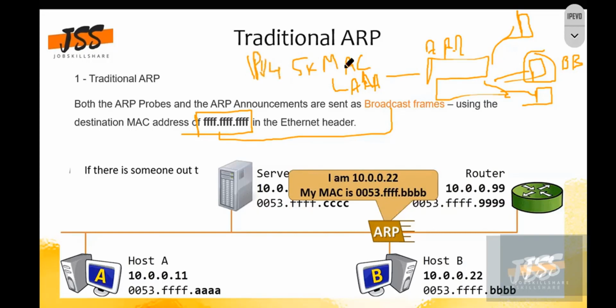They know each other's IPs, but they are not familiar with the MAC addresses. The switch will learn the source MAC address, but it has no idea about the destination MAC address. So it will flood everywhere with the help of traditional ARP, which is broadcasting to the MAC address FFFF everywhere.